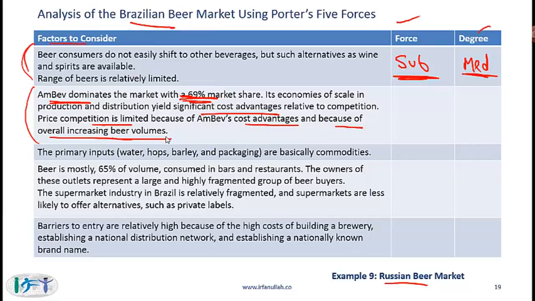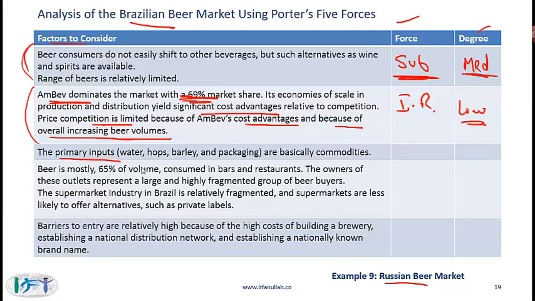So what force are we talking about? Internal rivalry. Now within this rivalry, the degree is low. So at least for this particular company, given that it dominates the market, the competition is relatively low. In the UK market, which is another example, there if you have several small players, then the rivalry is high.